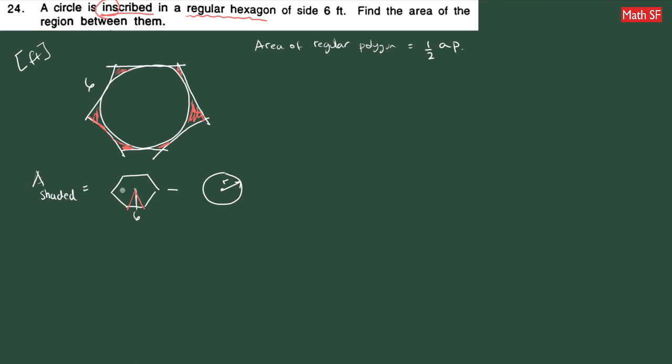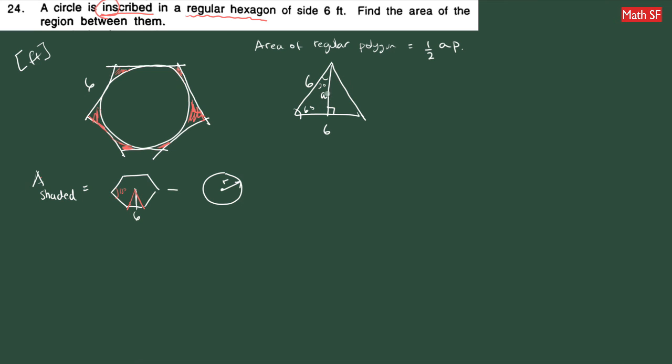Remember, each central angle is 60 degrees, therefore this part is an equilateral triangle. So I'm going to zoom in on the equilateral triangle. This is 6, and here is going to be the apothem. This is 60, and this is 30, and this is 6, and because this is equilateral, this is 6 as well.